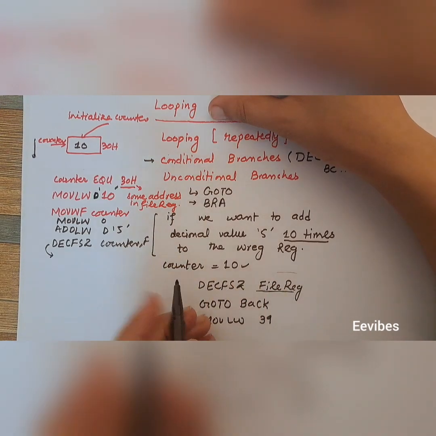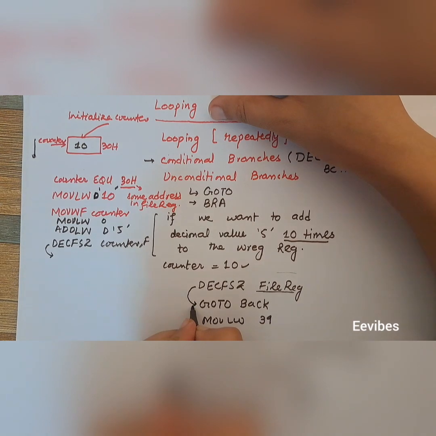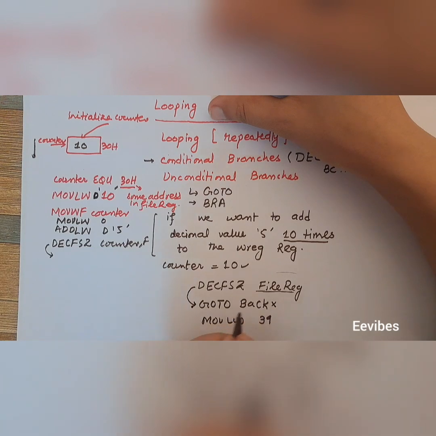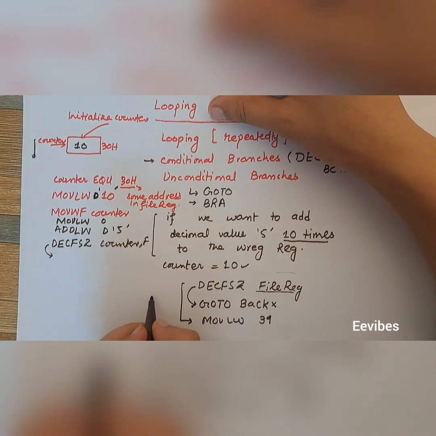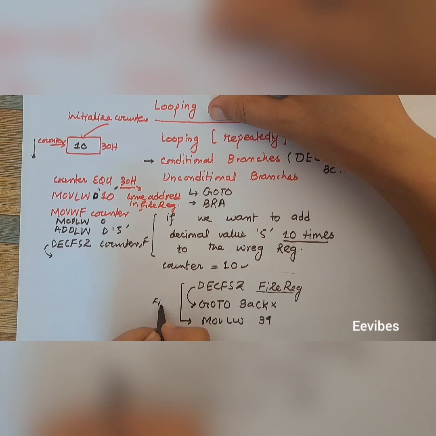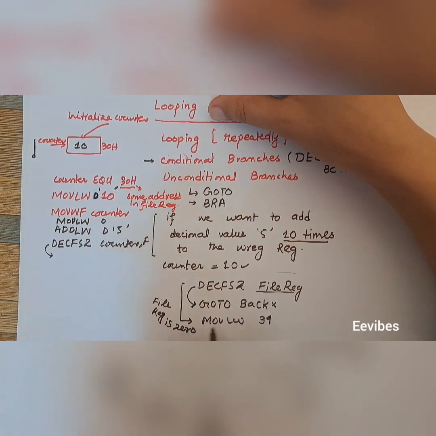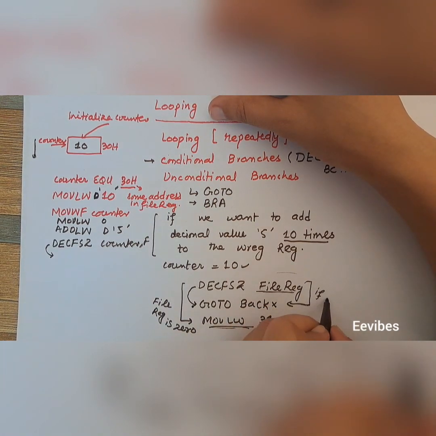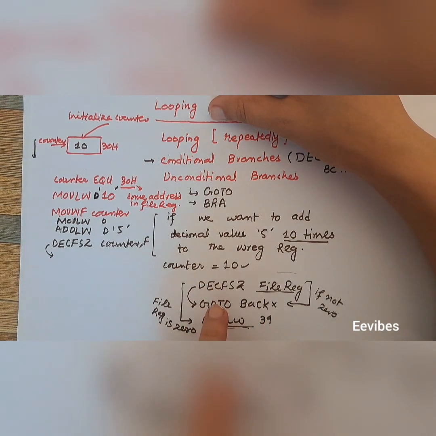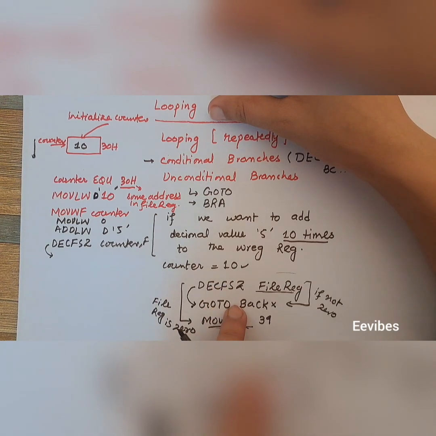If it is not 0, it will execute the very next instruction, and if it is 0, then it will skip the next instruction. This instruction will not be executed and the PC will be shifted over here for performing the next task in case the file register is 0. When the file register is 0, this instruction will be executed, and if not 0, then the very next statement written after the decrement file register skip if 0 will be executed.